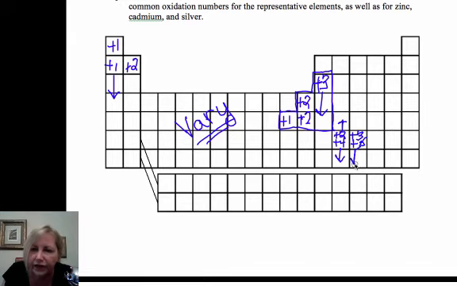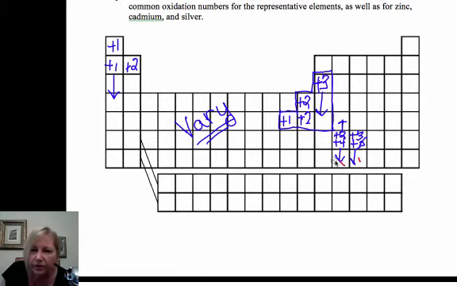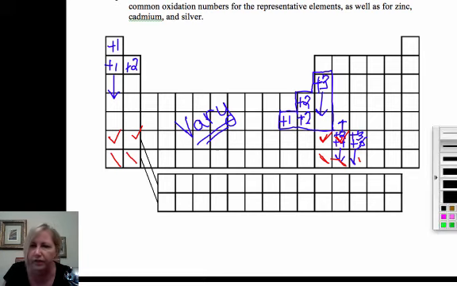All right, and if you can envision it on the periodic table, it will help you. So +3, 1, 2, 3, +5, it loses 1, 2, 3, and then over here is 4, 5. All right, for this group here, +2, it loses 1, 2, +4, it loses 1, 2, 3, 4. Again, if you can visualize it, you don't have to memorize it. If you're having trouble visualizing it, then you will have to do some memorization.